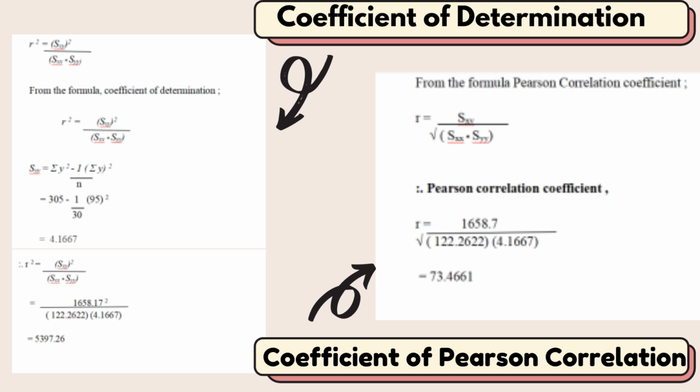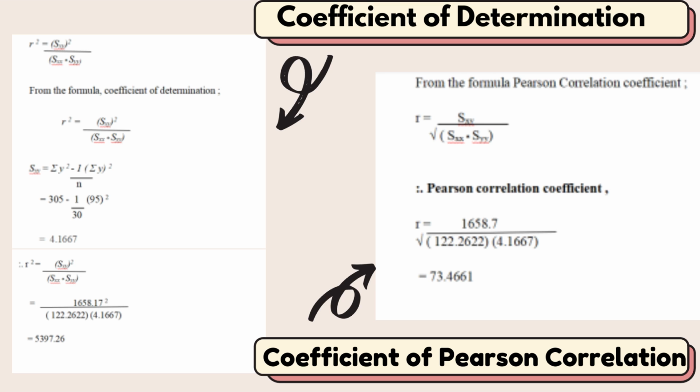When r is between 0 and 0.5, the correlation between variables is positively weak or negatively weak. But when r is between 0.5 and 1, the correlation is positively strong or negatively strong. There is no correlation between the variables if it is equal to 0. The equation for Pearson correlation is r equals Sxy divided by the square root of Sxx times Syy.